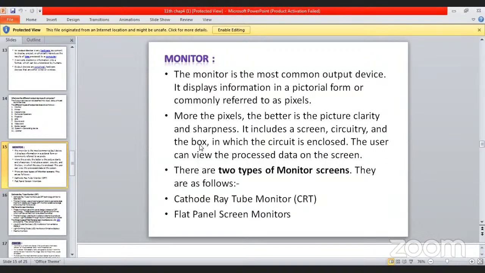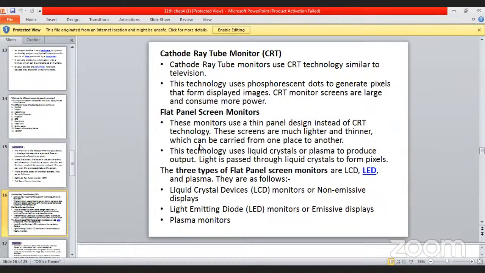Now we can see here mainly the two types of monitor screens, that is CRT, meaning cathode ray tube monitor, and flat panel screen monitors. First, the cathode ray tube monitor mainly uses CRT technology, similar to television.